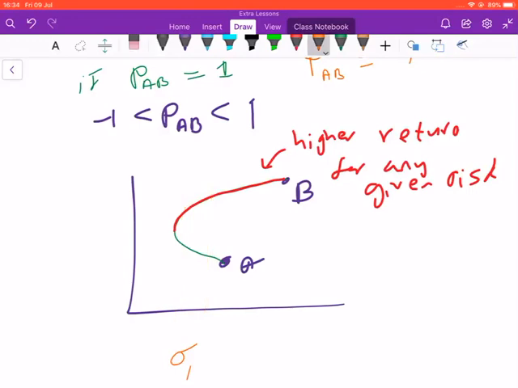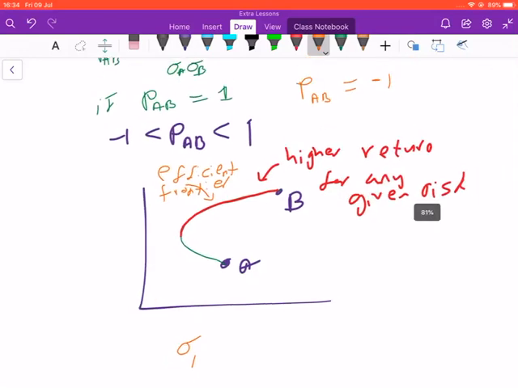We are going to call it the efficient frontier. Basically, that line on top is called the efficient frontier because it gives you the highest return for any possible risk.